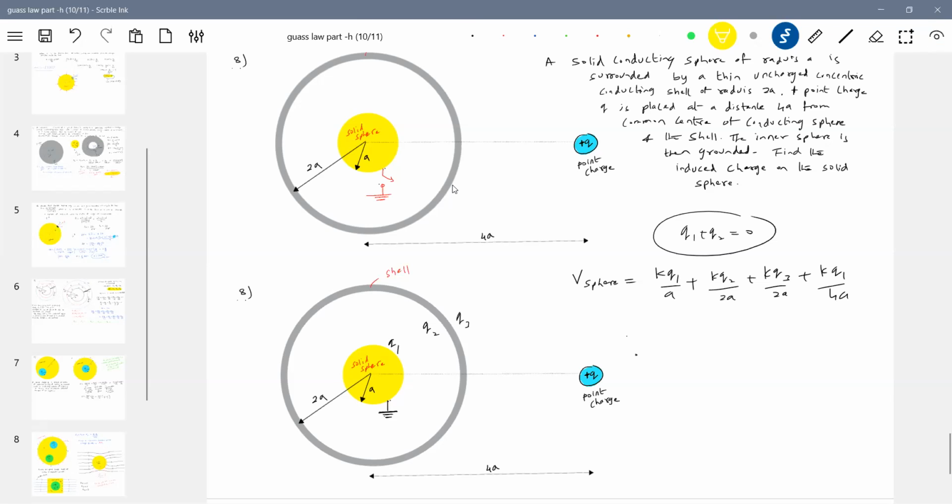Okay, this is very important. This is due to what? The point charge. Due to this charge, this charge, this charge, even the potential at this point will be due to this. KQ by 4A. Okay, this is Q1, I wrote it. I'll change it now: KQ by 4A.